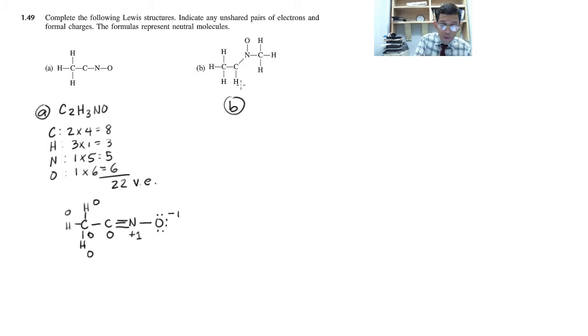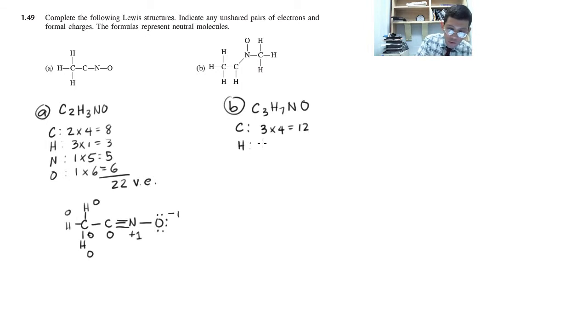Okay, we start with a formula. 3 carbons, C3. How many hydrogens? 1, 2, 3, 4, 5, 6, 7. H7. We have 1 nitrogen. We have 1 oxygen. C3H7NO. The valence electrons. Carbon, there are 3, each one is 4, 12.